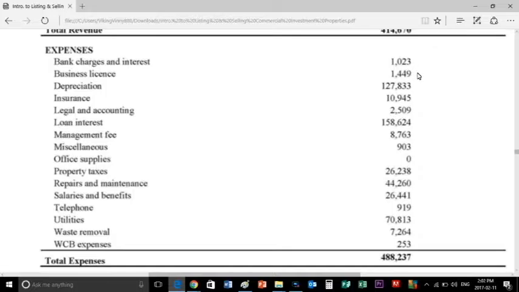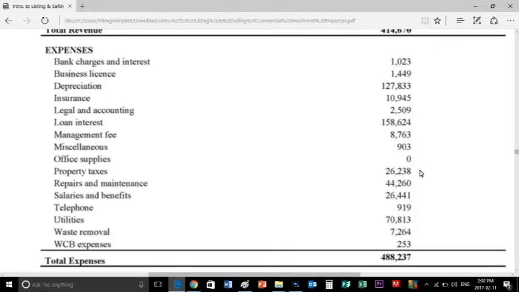We've got a business license costing $1,449. Then we've got the depreciation, $127,833. We've got the insurance, $10,945. Legal and accounting, $2,509. Loan interest, $158,624. Management fee, $8,763. Miscellaneous, $903. Office supply, zero.